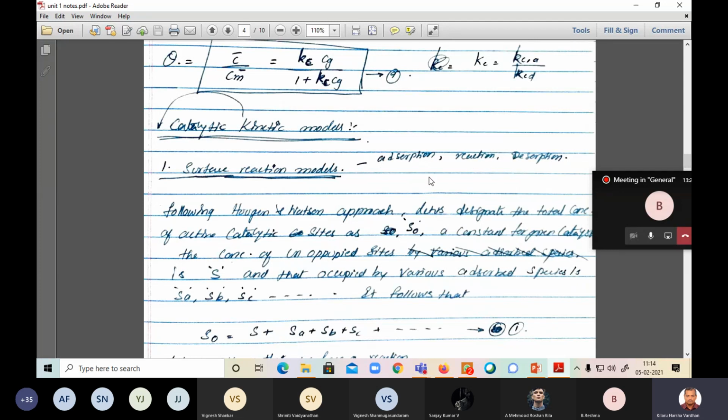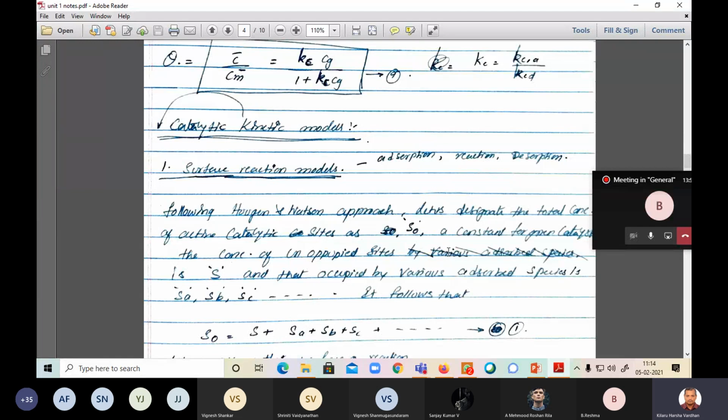That is, the gas is adsorbed on the surface. Then on the surface, there is a reaction. And from the reaction, the products will be desorbed from the solid. So for these three things, you have to write the rate expressions. And if one particular step is controlling, then your global or overall rate, you have to write in terms of only that particular step.